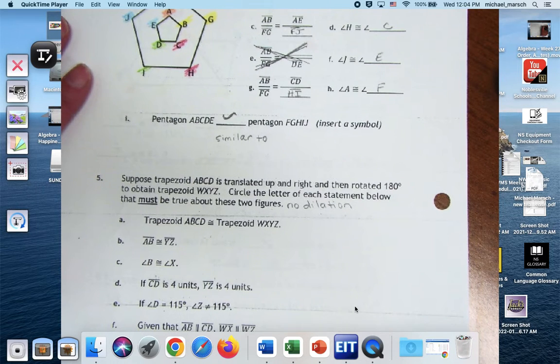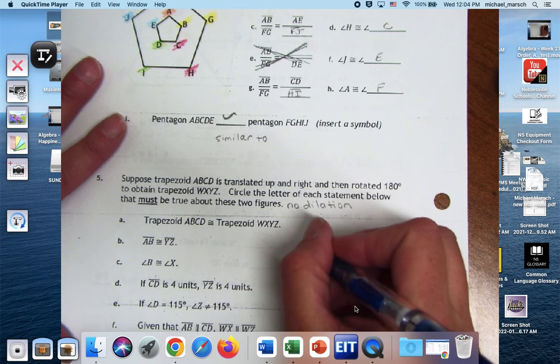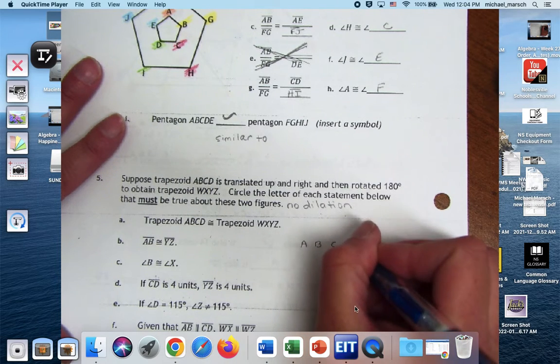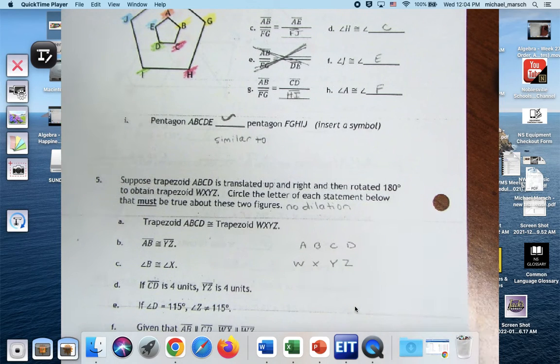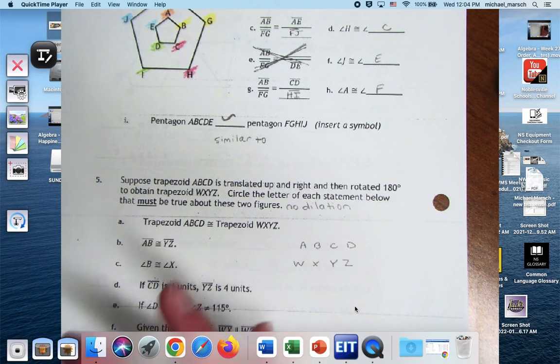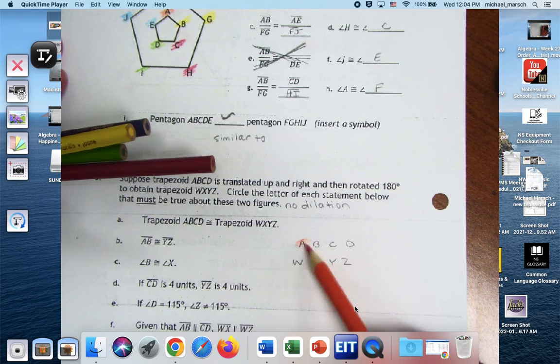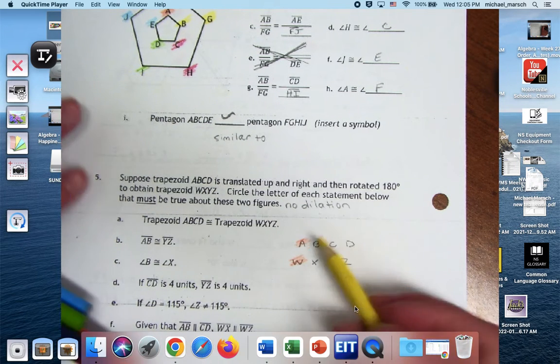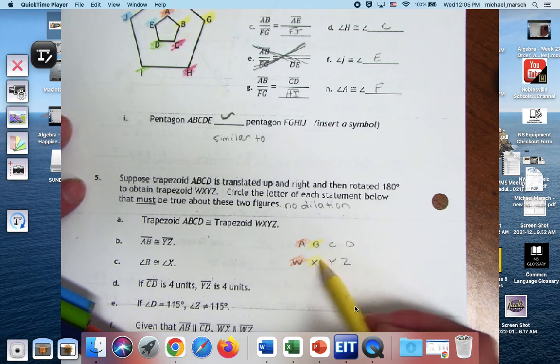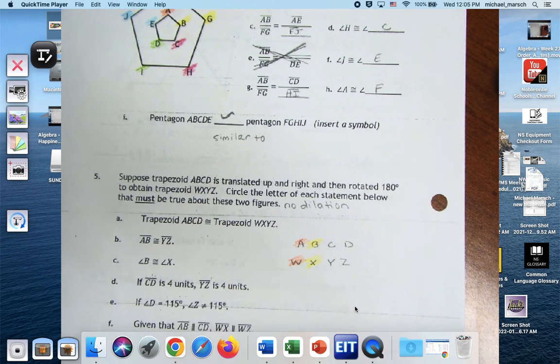And then since we don't have a picture, to keep track of which sides would be congruent or which angles would be congruent, we can write out the letters and then color code them, because we know that those letters would be corresponding parts of the two trapezoids.